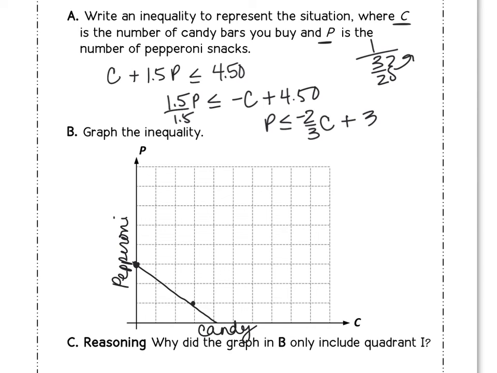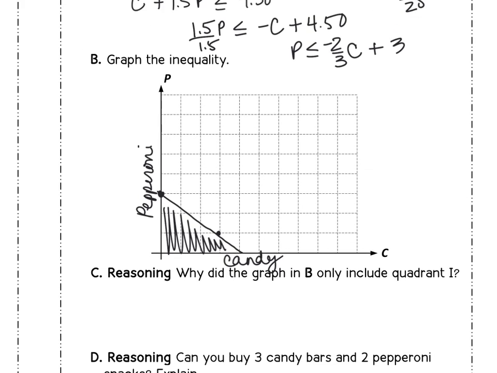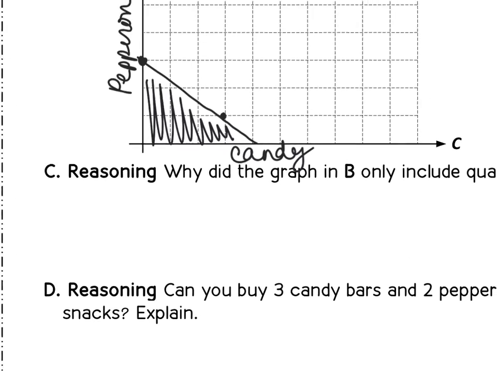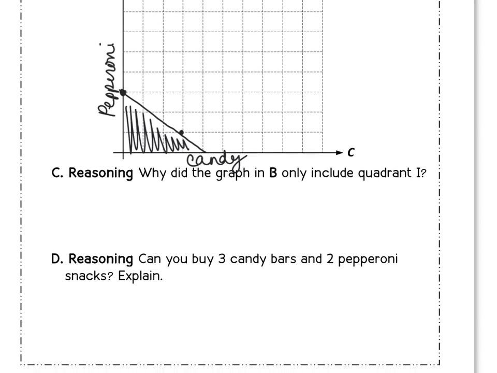So what I have here, we are less than, and so hopefully you've caught on with the less than. We could plug in (0, 0), but less than means less than the graph. This one says, why is the graph in B only in quadrant 1? So if we look at this graph, it's only in quadrant 1, and my other word problem was the same way.